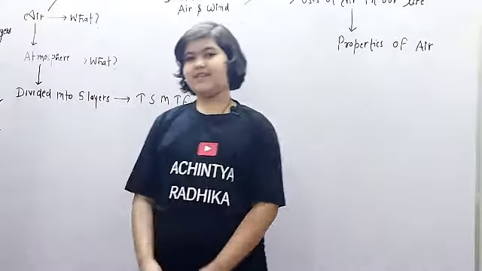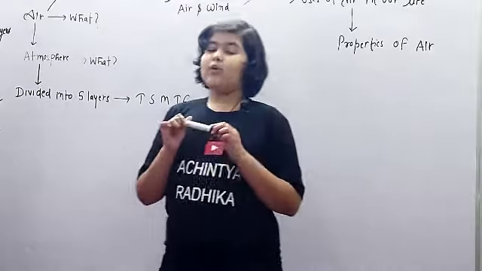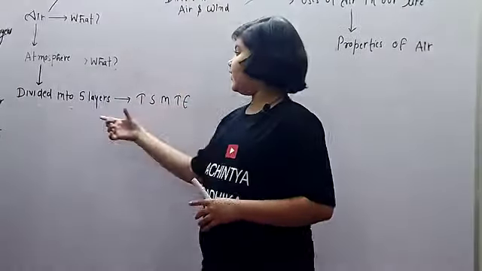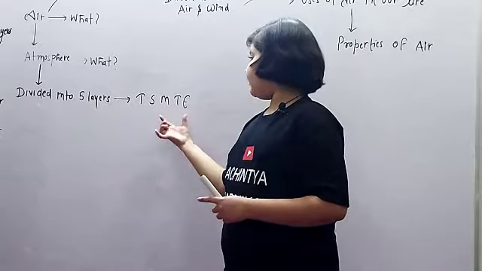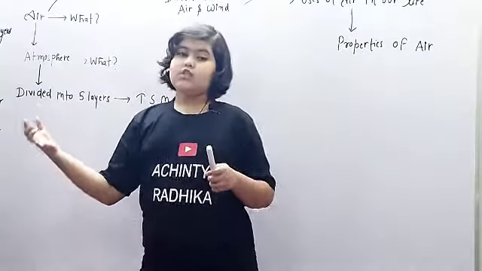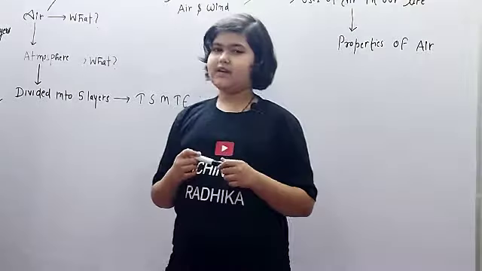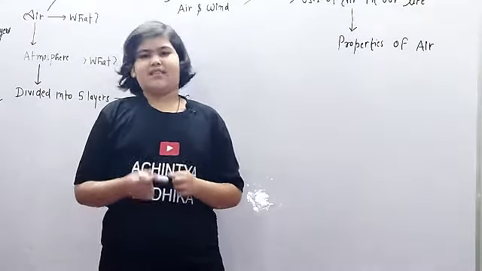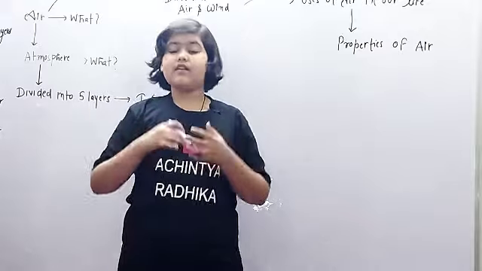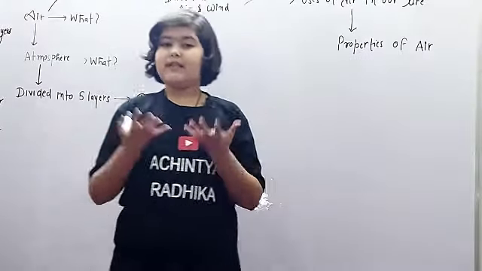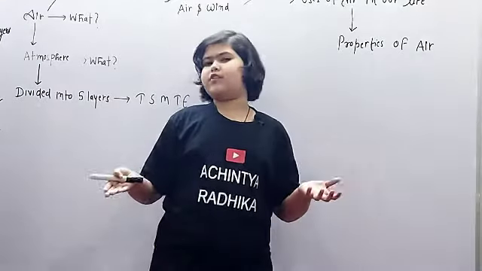So what are we going to know in this video? I'll be telling you what is air, what is atmosphere, and the 5 layers of atmosphere. So let's get started. First of all, what is air? Air is an invisible gaseous medium all around us, which mainly consists of oxygen and nitrogen.